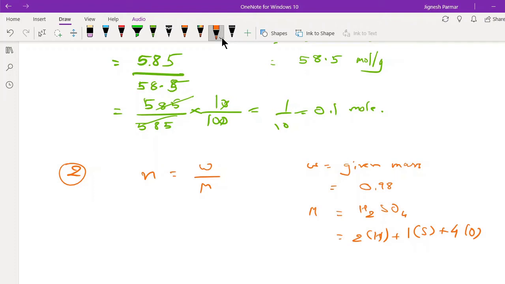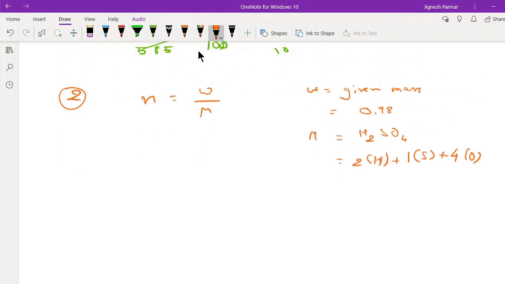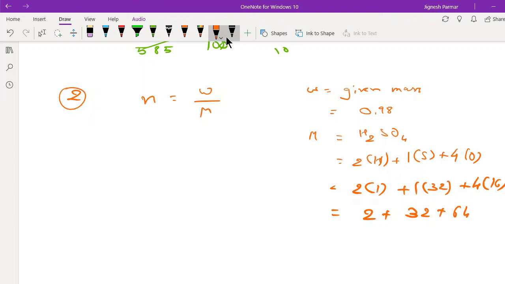Keep it in your mind, the number given as subscript is the multiplier. Atomic mass of hydrogen is 1, sulfur is 32, oxygen is 16. So 2 plus 32 plus 64 gives me 98 gram per mole.